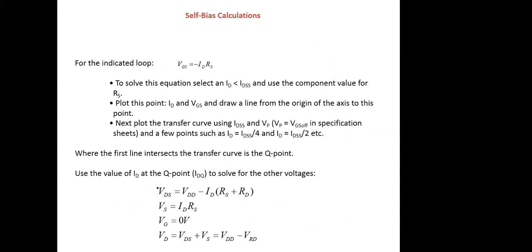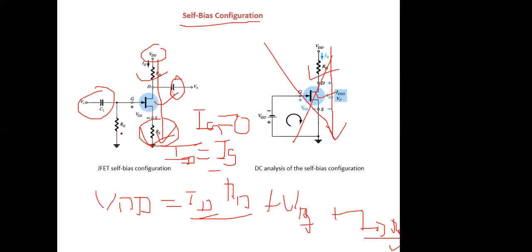So this equation is like this: VDS is equal to VDD minus ID into (RD plus RS). Now in the input side, we will have ID into RS, so VGS is equal to ID into RS.